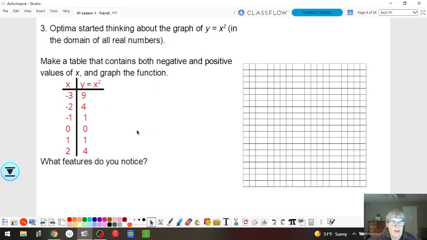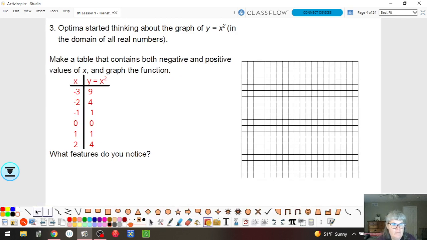So we now have our table using both negative and positive values of x. So if we plot these points, well, first, before I plot the points, I need to make sure I have my axes on my graph.